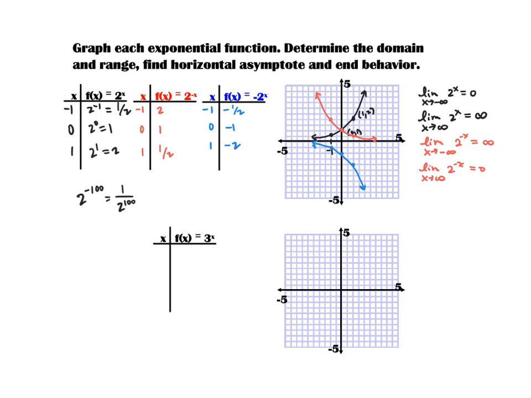And what you can see with the end behavior is that as we go to the left forever of -2 to the x, we're going to get 0, and to the right, we will get -infinity. Okay, so each one of those graphs, though, regardless of which one it is, has a horizontal asymptote at y equals 0.